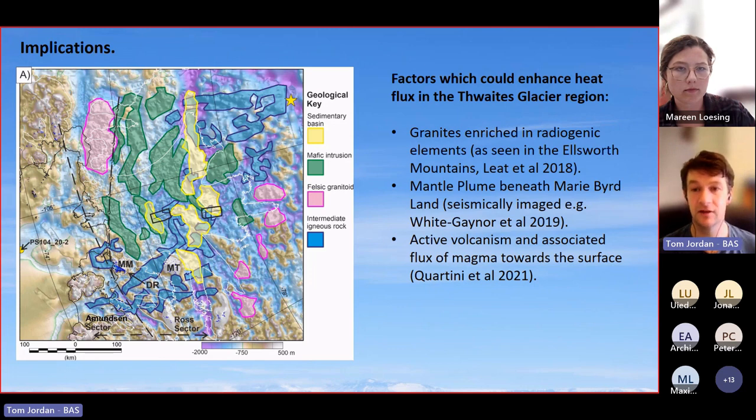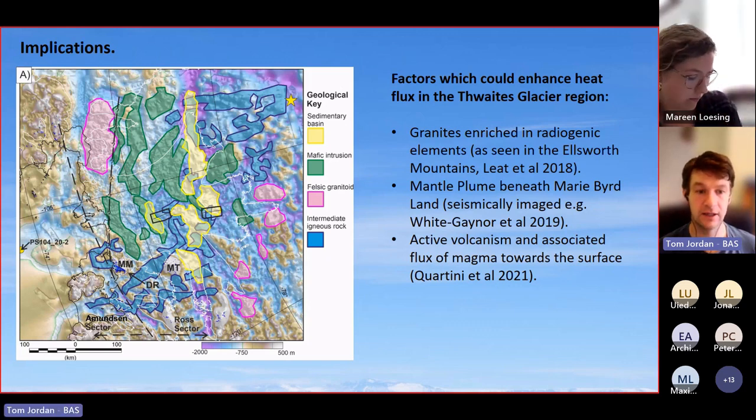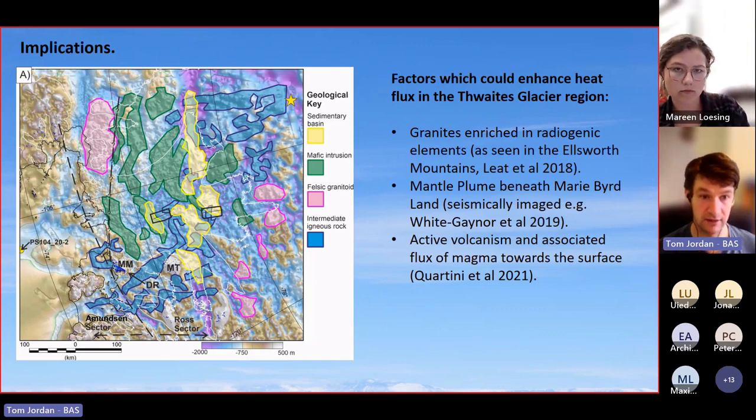There are lots of things that could be driving high heat flux here: granite enriched in radioactive elements, as seen in the Ellsworth Mountains; the mantle plume beneath Marie Byrd Land, which is seismically imaged; active volcanism and the associated flux of magma towards the surface. All of these things could be driving elevated geothermal heat flux. It's just that rifting and thinning of the crust due to Cretaceous rifting likely isn't driving elevated heat flux in this area.